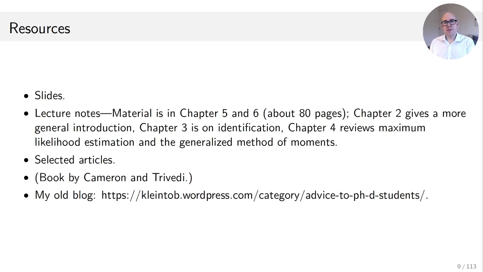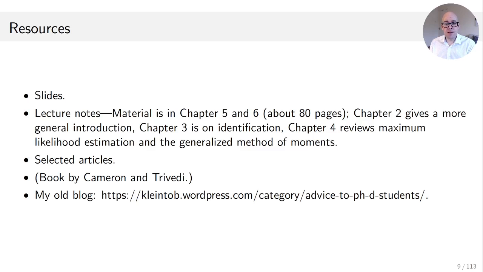What are the resources? What can you use? Obviously the videos, and then next to the videos, the slides. The slides are going to be online. Then I've put together a set of lecture notes that fit exactly to these slides in terms of notation and everything. So I highly recommend reading those, in particular when you're working on the homework assignments.